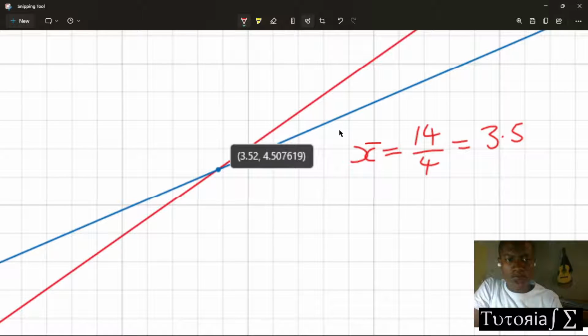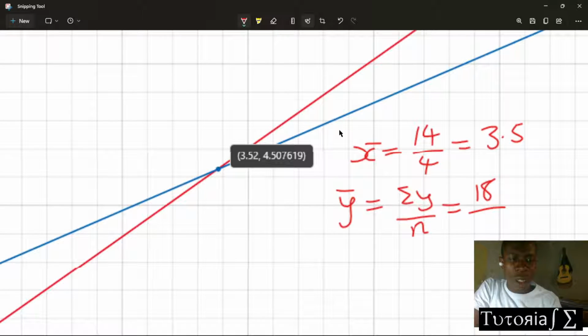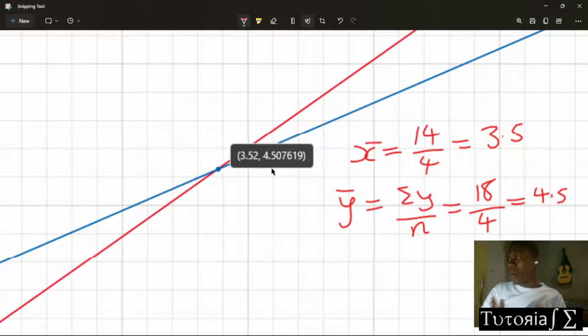So that is your x bar. Your y bar is equal to the summation of y over n. Summation of y was 18 over the total, which is 4, which will give you 4.5, which is just approximate there. So this is a good job.